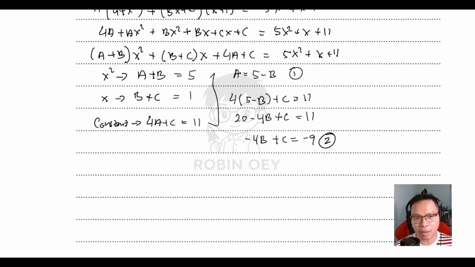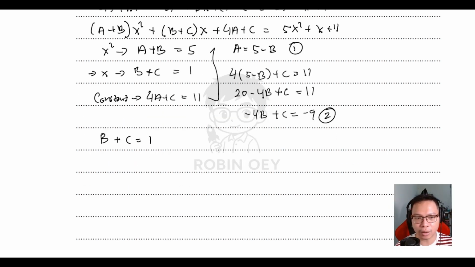I have B plus C equals 1, so I just use that. With the second equation, negative 4B plus C equals negative 9. If we eliminate C, we get 5B equals 10. Yes, B equals 2.